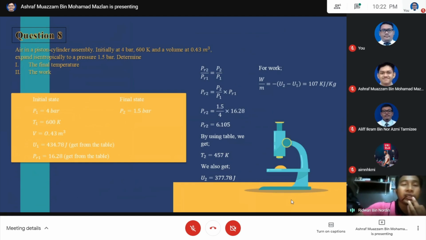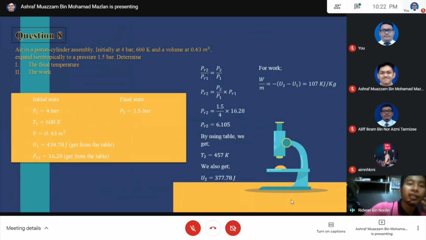From the initial state, we can get the internal energy and also PR using the temperature from the table of ideal gas properties. We get 434.78 joule for energy and PR of 1.628.